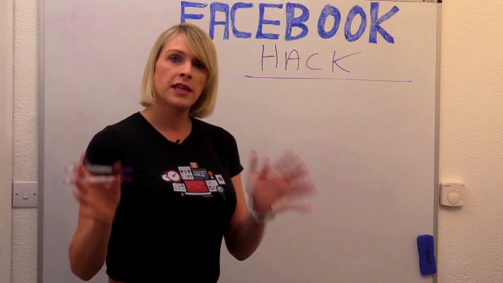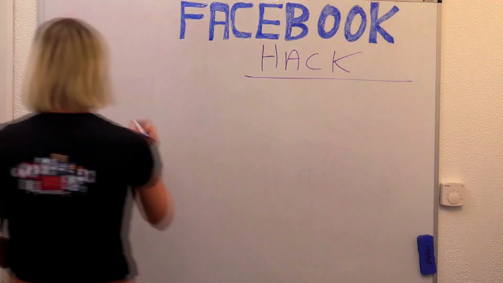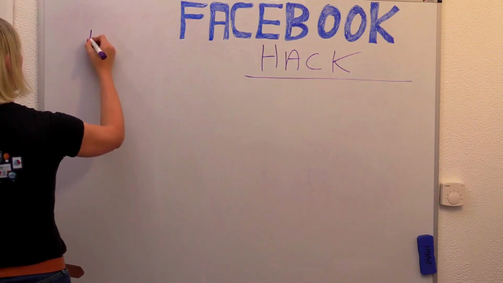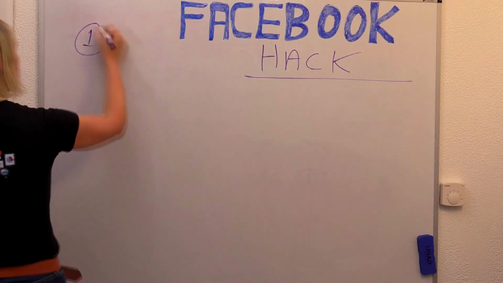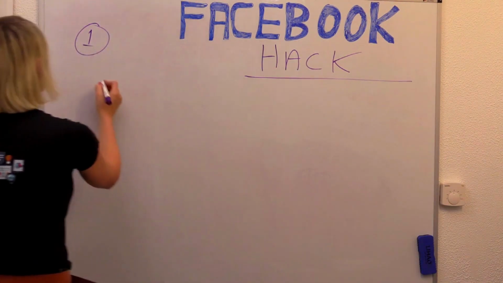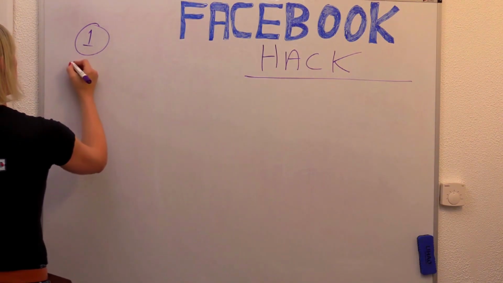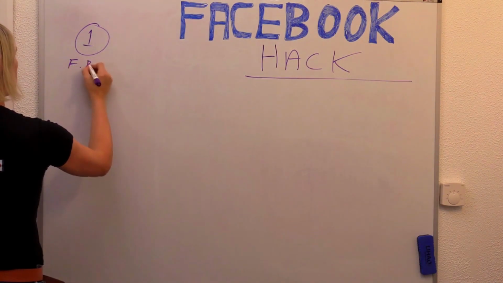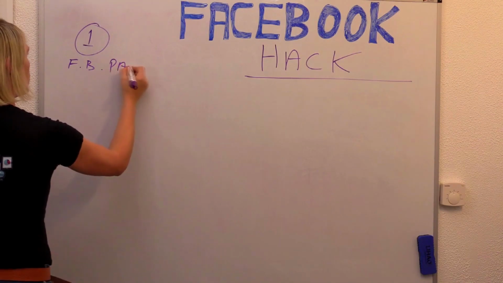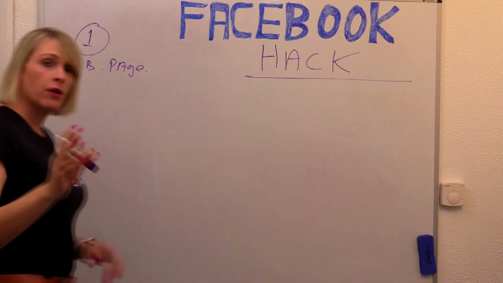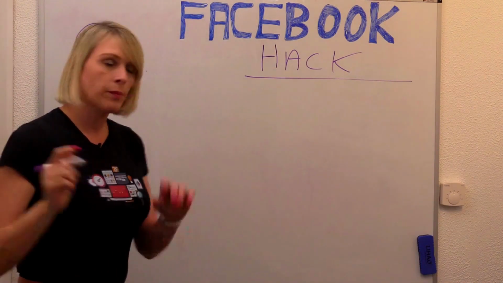So the first thing you're going to need is a Facebook business page. So step 1, I'm going to put number 1 here. Okay, I think you can see that. So the first thing which we need is a Facebook page. Then on that Facebook page, we're going to create a post.